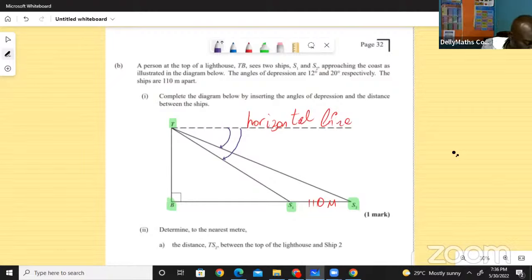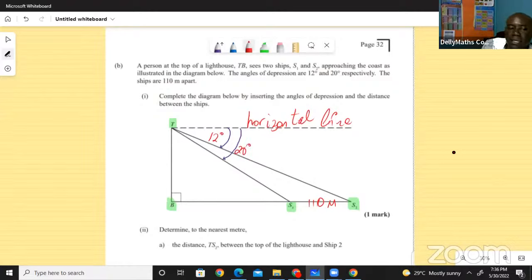So the bigger angle must be the bigger number. The smaller angle has to be 12 and the bigger angle has to be 20. Even if you never knew, it has to be, right?